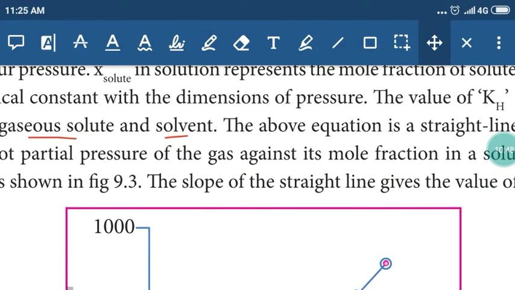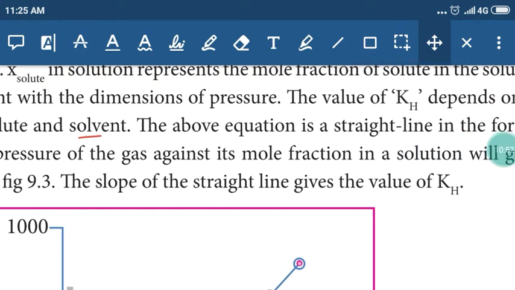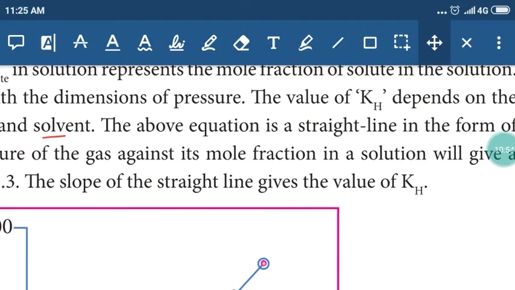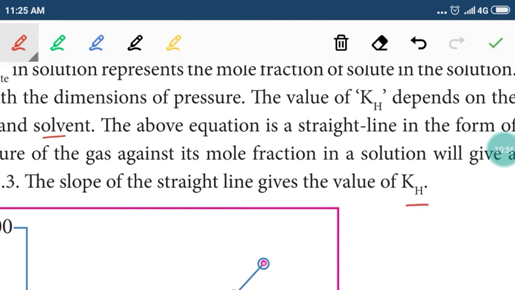With the help of the slope, we calculate the kh value. The proportionality constant, or empirical constant, kh is obtained from the slope of this straight line.